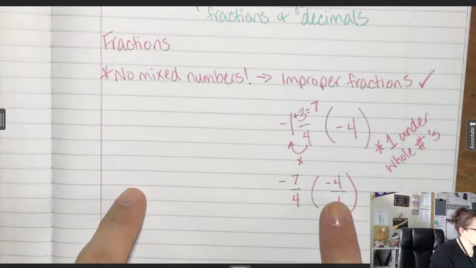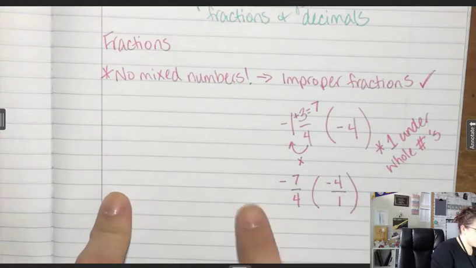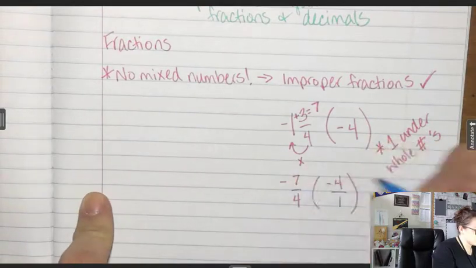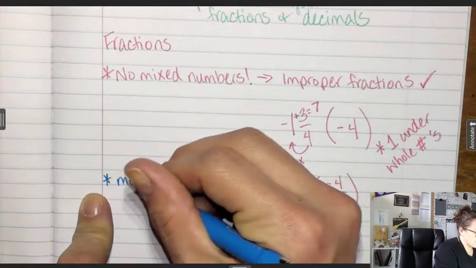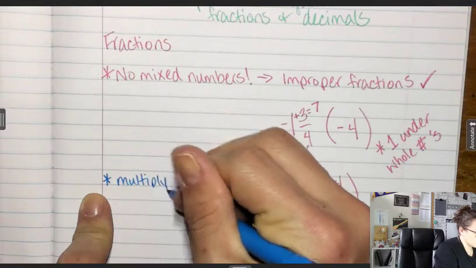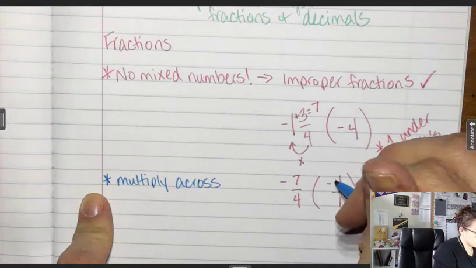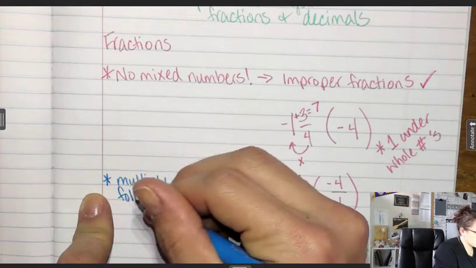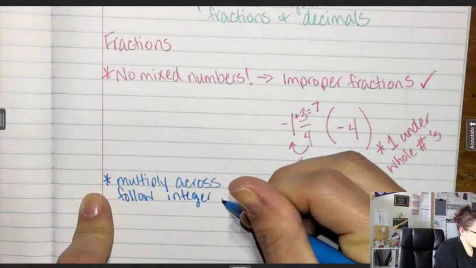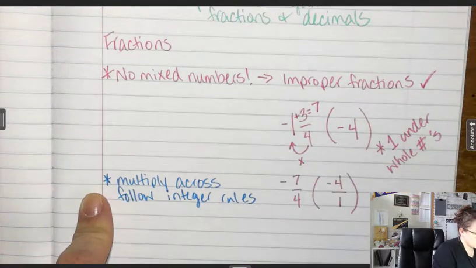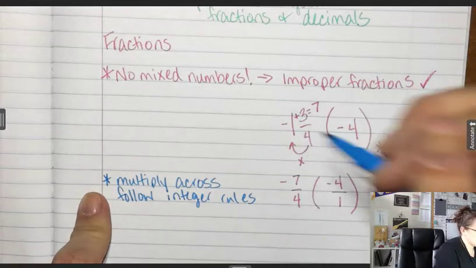Once I'm here, it's just like multiplying fractions when you were in 6th grade. We do top times top, bottom times bottom. We multiply across. Follow integer rules. So my integer rules, sometimes y'all did the tic-tac-toe thing.